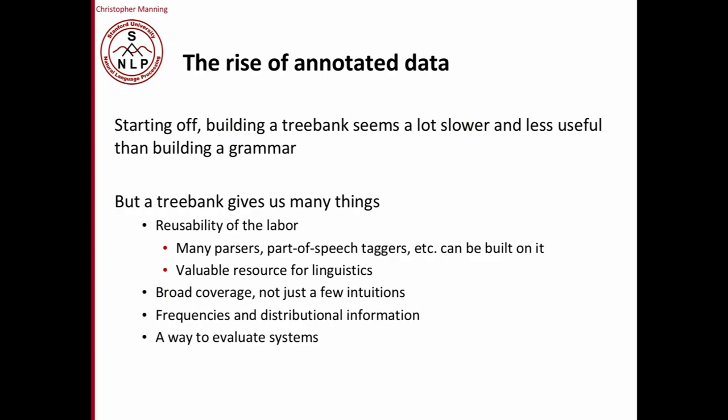I mean, so one huge benefit is that tree banks are very reusable. Effectively what there was in the 60s, 70s, and 80s was that every different NLP person who set about building a parser invented their own notation for grammar rules, which got more and more complex, and it was only used by their parser and nobody else's parser, and so there was no sharing and reuse of the work that was done by human beings.